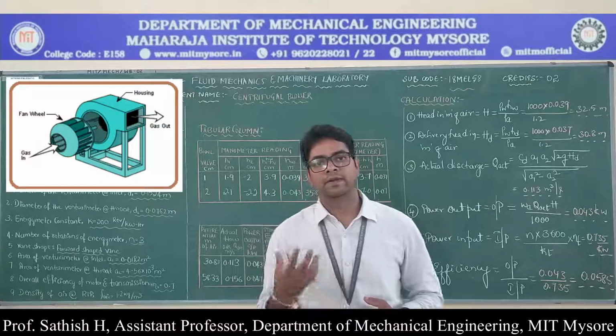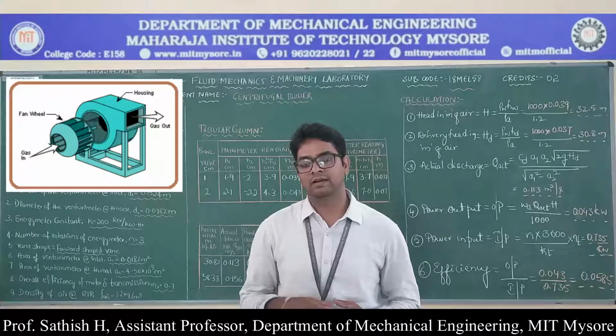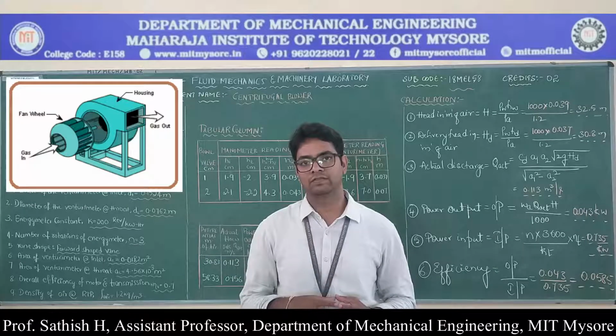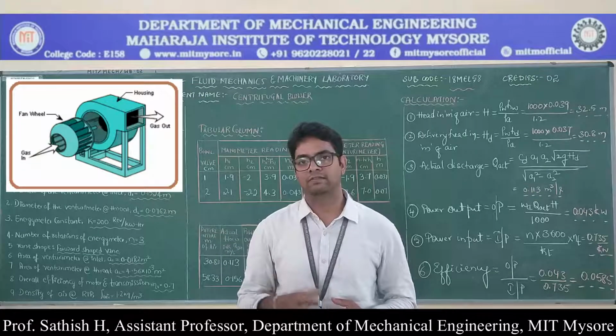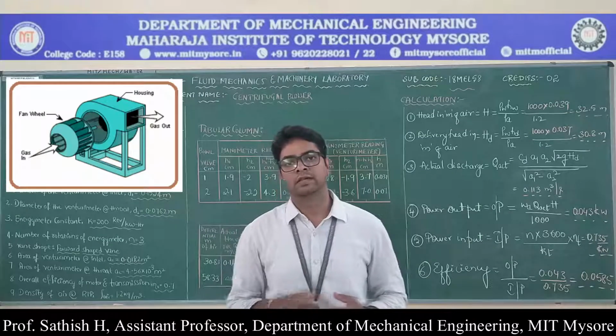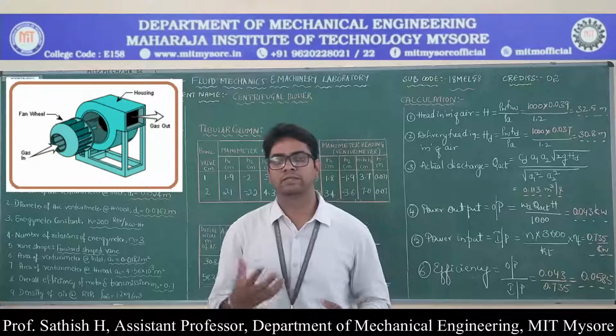When the vanes rotate, the energy is converted. That means the mechanical energy available at the shaft is converted into fluid energy in the form of velocity of the fluid, increasing the kinetic energy of the fluid. So this is what is meant by a blower.